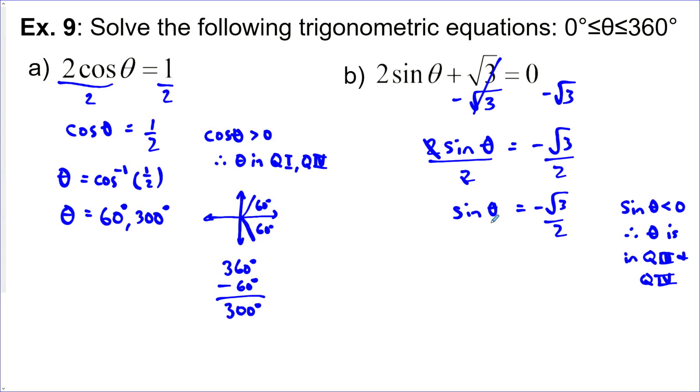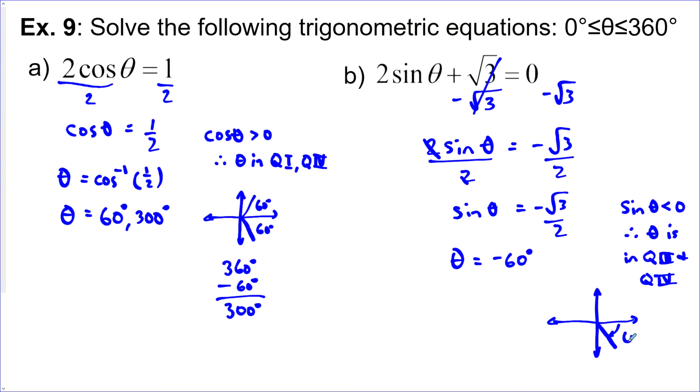We take the sine inverse of both sides here, and we get that theta is equal to negative 60 degrees. Now we can't use negative 60 degrees because that's outside our domain restriction. So we can put that on a picture though, and it looks like this.